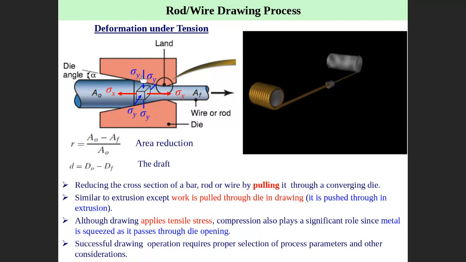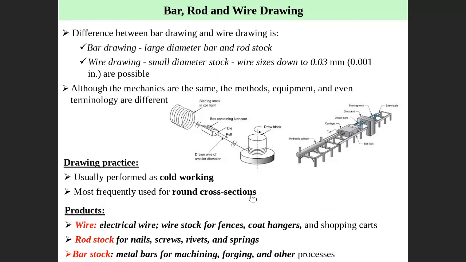It is actually tensile and compressive stress together. We have both in wire and bar drawing. But before that, let me show you a nice video to describe this process.